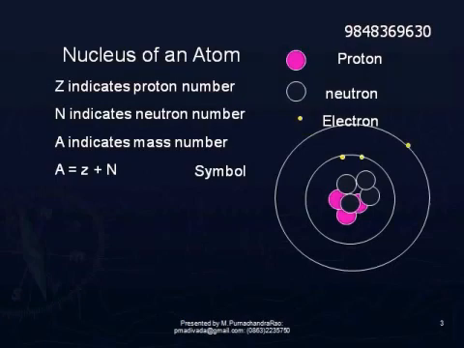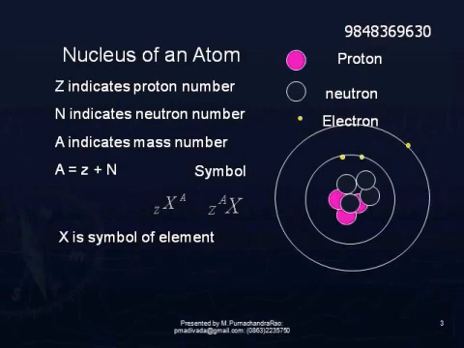If X is an element, Z the atomic number, and A the mass number, we generally write the symbol as X with Z as the left subscript and A as the left superscript. This symbol is for the nucleus or sometimes for the atom. X represents the element, Z represents atomic number, A represents mass number.